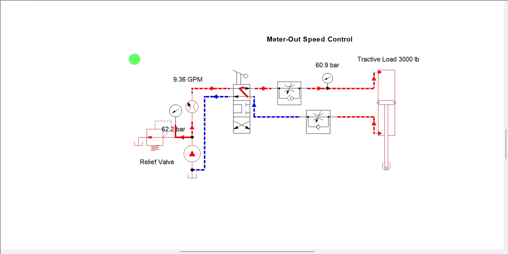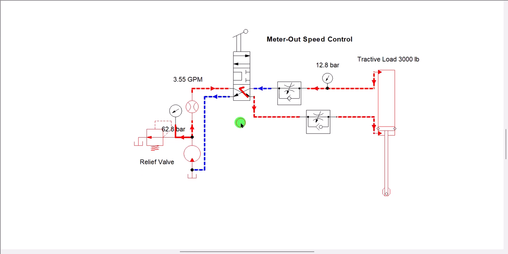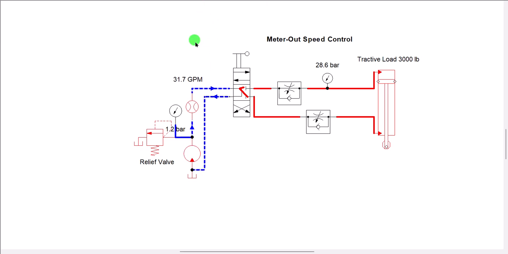Hopefully this helps to understand the difference between the meter in and meter out speed control mechanism. Meter ins are pretty good for resistive loads, which are horizontal loads, no problem at all. But meter outs are usually preferred when it's a large tractive load that we need to move. Hopefully this was understandable, and hopefully this helps clear up some doubt about the two types of connections. Thank you very much.